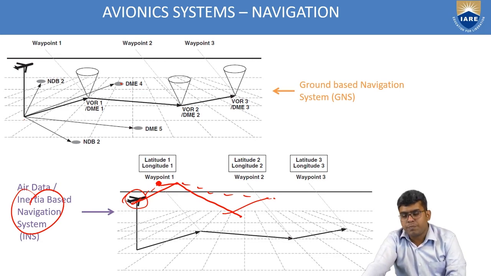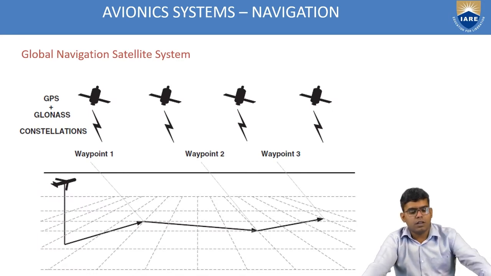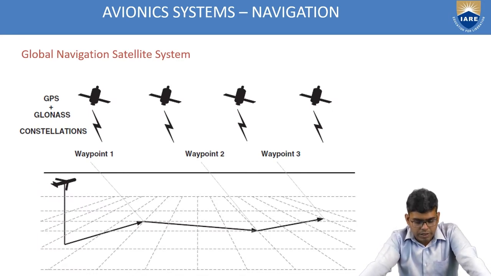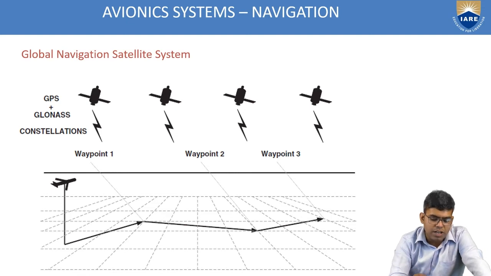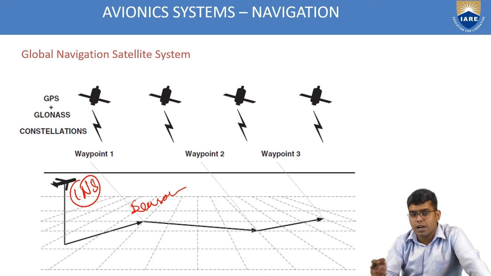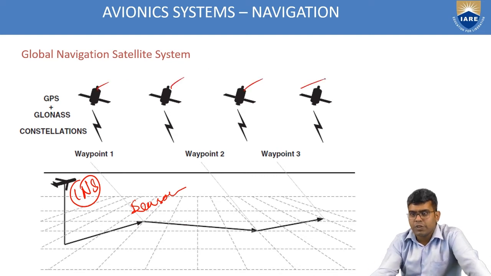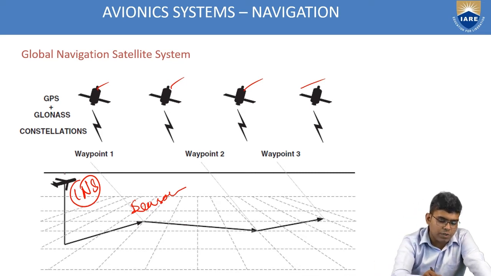So you have ground-based navigation systems and inertia-based navigation systems, which are purely different. When I'm talking about a global satellite-based navigation system, the schematic actually changes. I don't rely on sensors present on the ground, nor on my inertia sensors, the INS system on board my aircraft. I depend on external satellites which are revolving around the Earth. I send a signal to the satellite and receive signals from the satellite.